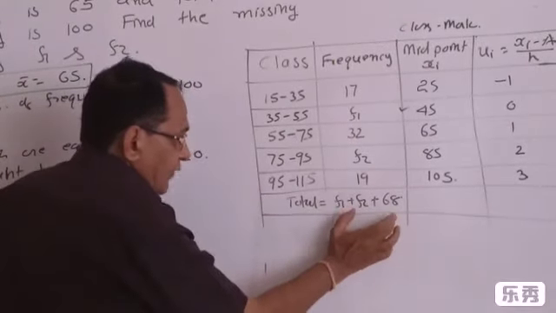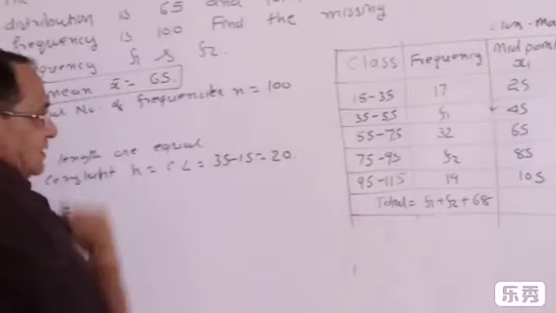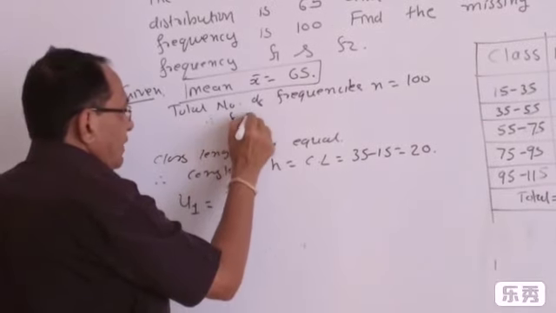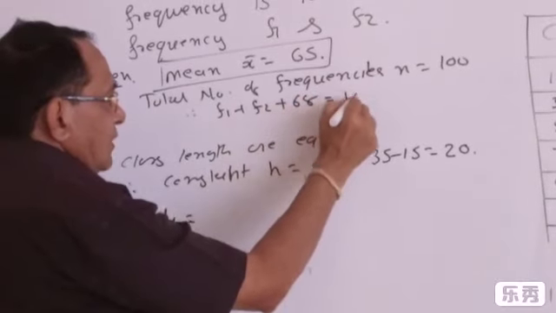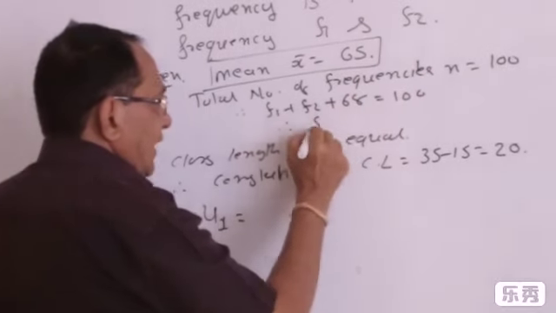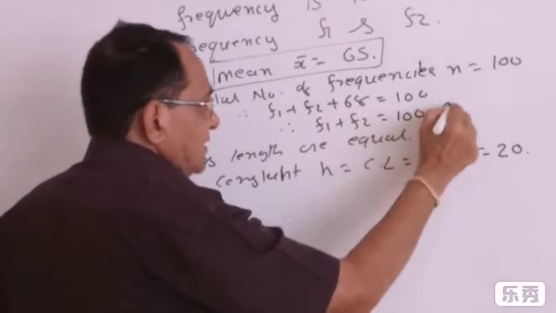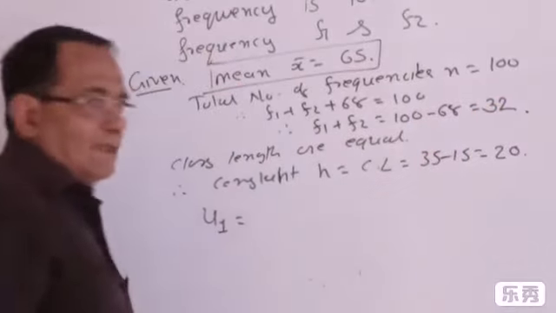But the total number of frequencies is equal to 100. That means f1 plus f2 plus 68 is equal to 100, so f1 plus f2 is 100 minus 68, equal to 32.